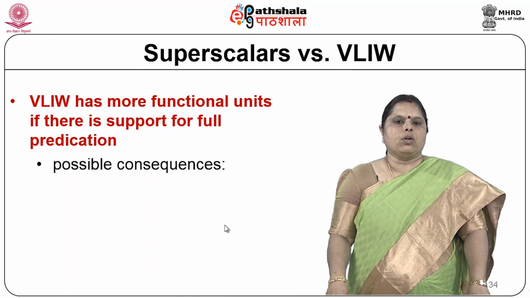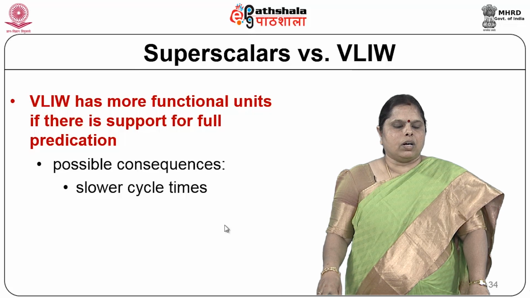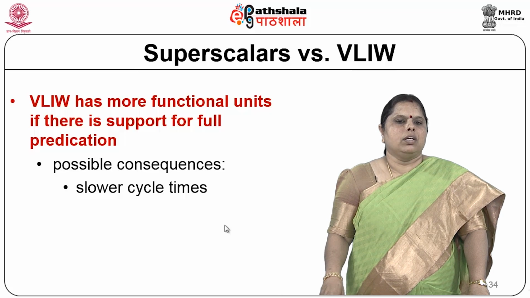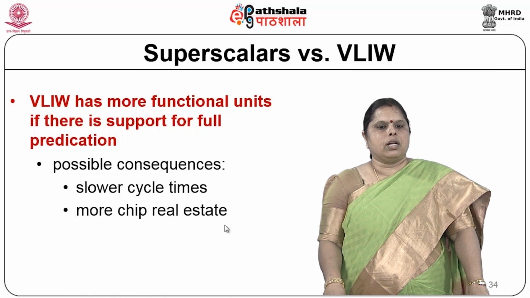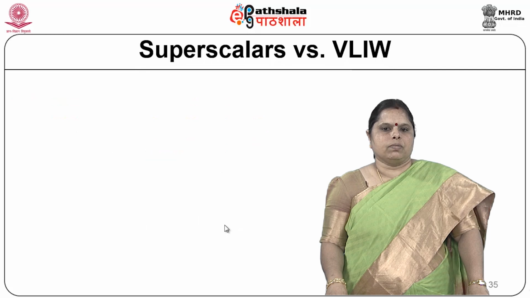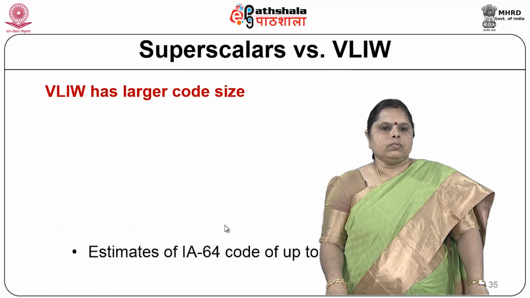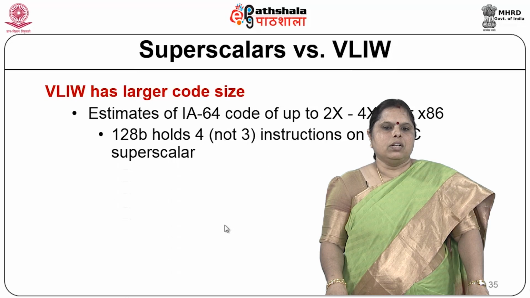Whereas if you look at your VLIW style of architectures, VLIW architectures have more functional units if there is support for full predication. There is slower clock cycle times, more chip real estate and more power consumption. VLIW of course, as I told you, has larger code size. This is the estimate of your IA64 code.